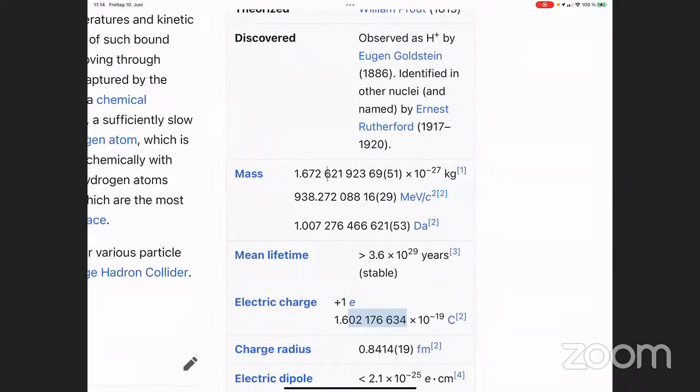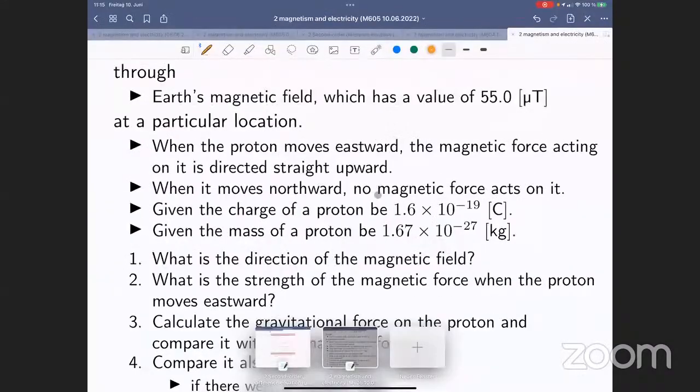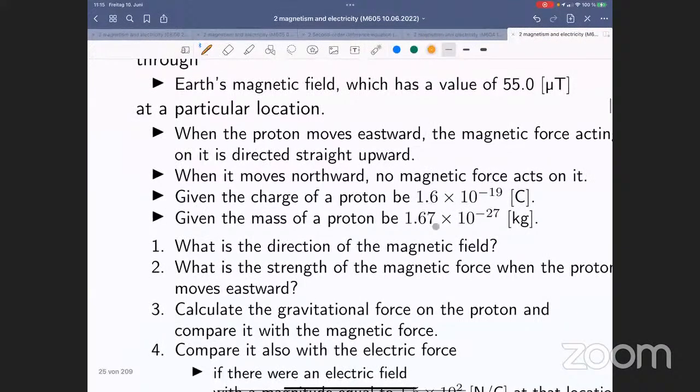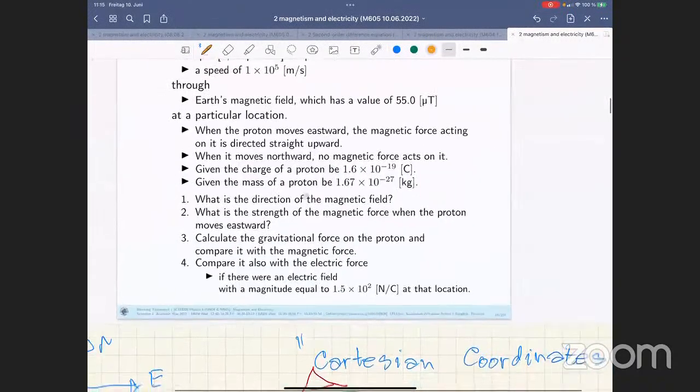But forget about that. That value is for when you enter a bachelor's degree or do research in physics. If you want to receive the Nobel Prize, you will deal with this high precision number. But for us, at the beginning step, we use the simple digits of the mass of the proton, 1.67 times 10 to the negative 27 kilogram only. And we arrive at the first question of this problem.